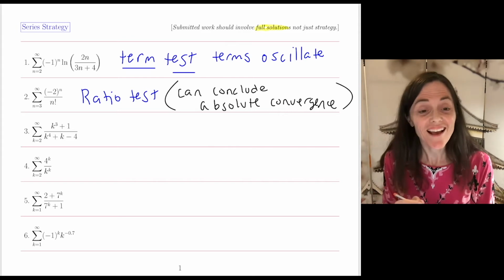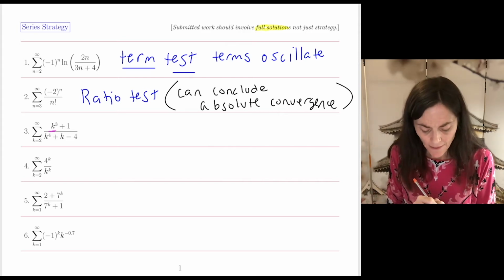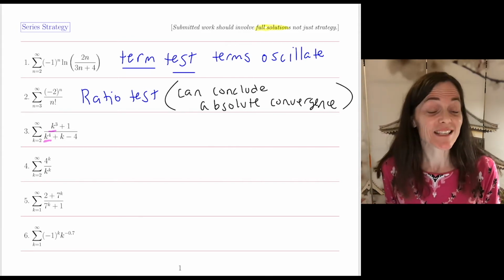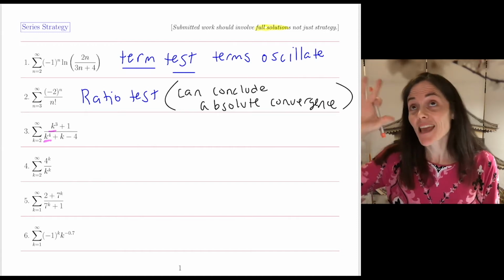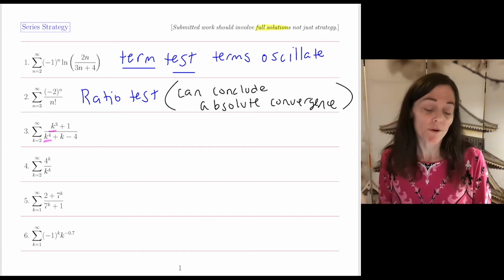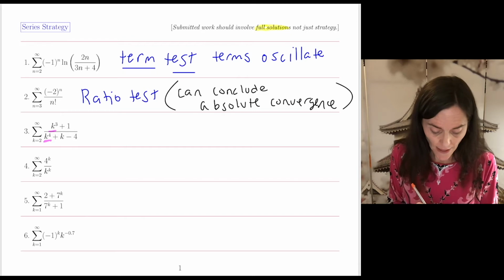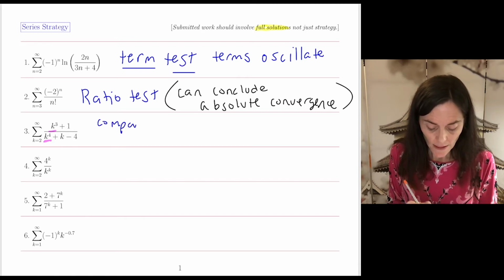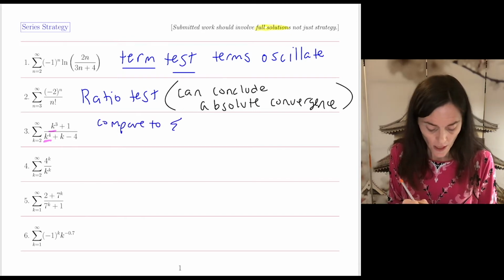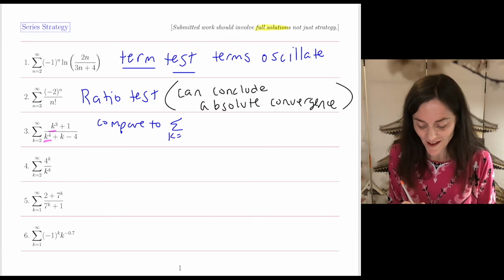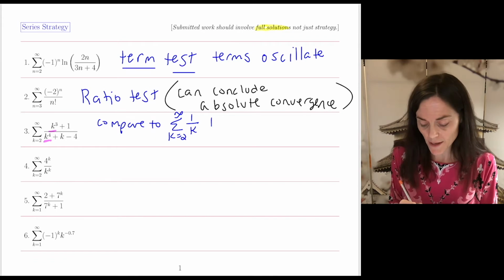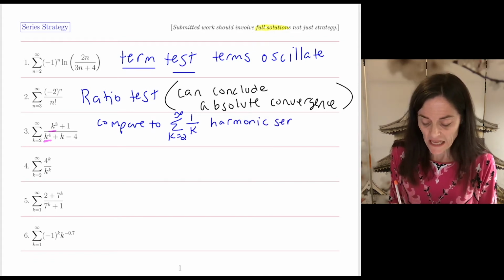Number 3, well, what dominates the numerator and denominator is k cubed and then k to the 4th. And so I want to compare to the sum of k cubed over k to the 4th, which is here. This is harmonic series, and this will diverge.